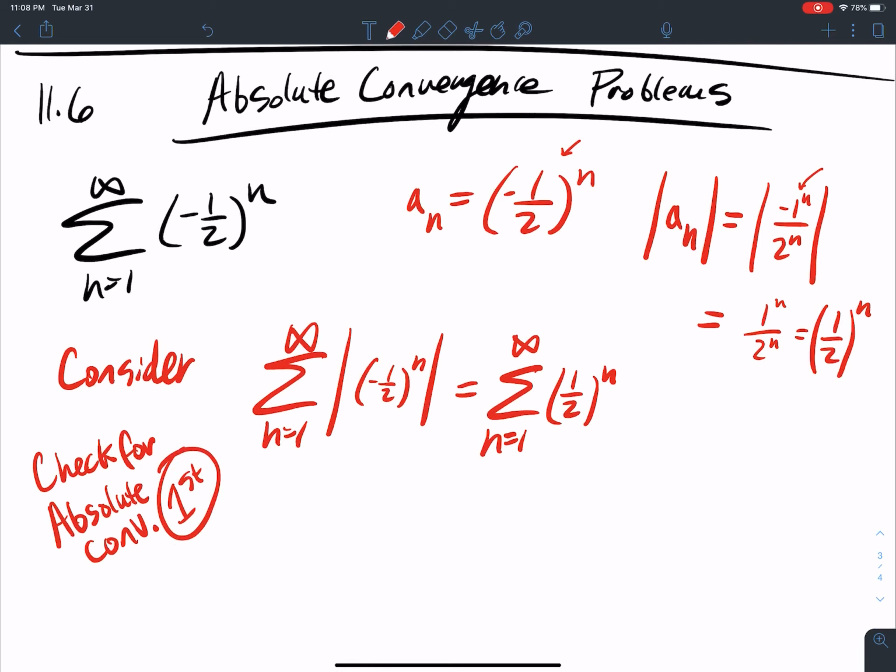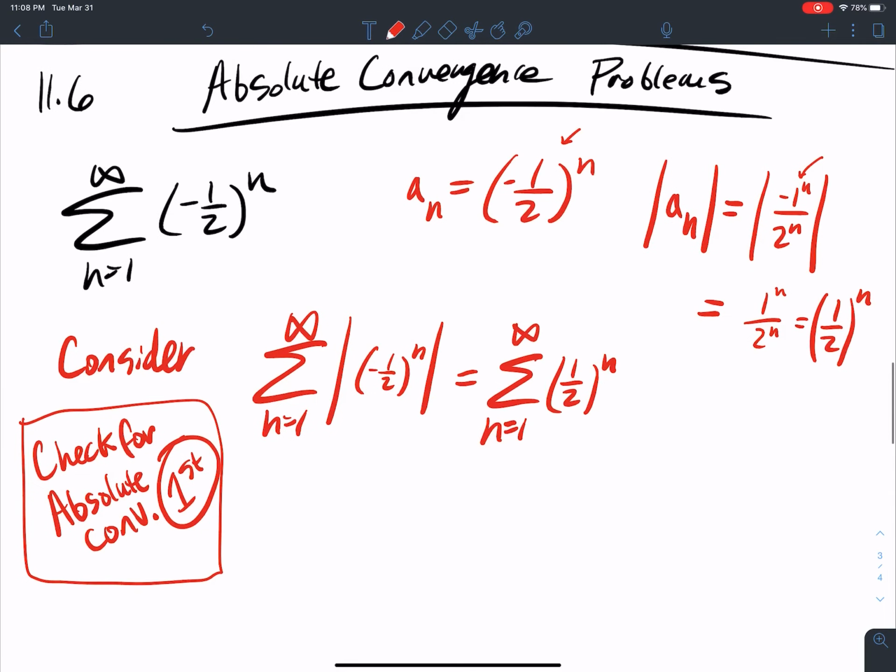If absolute convergence is a success and it converges, then we know that it also converges conditionally, right? That's just given, it's convergent. But if absolute convergence fails, then we test for conditional convergence. If you test for conditional first and you get success, then you're going to have to test for absolute convergence anyway.